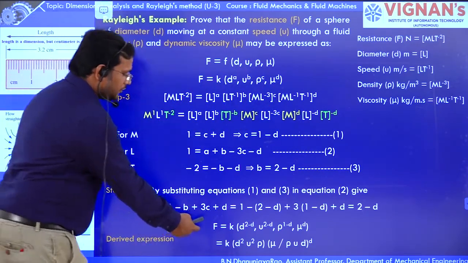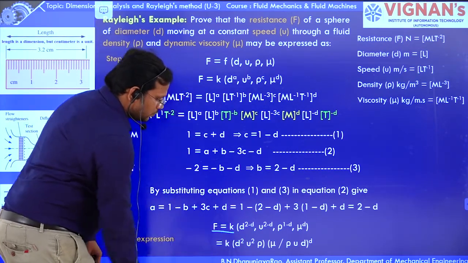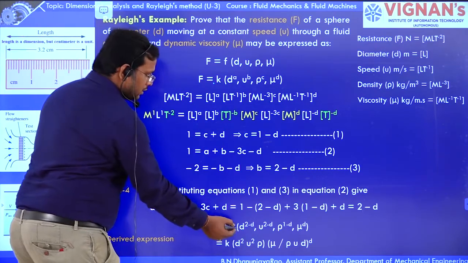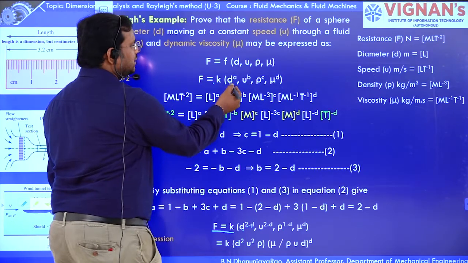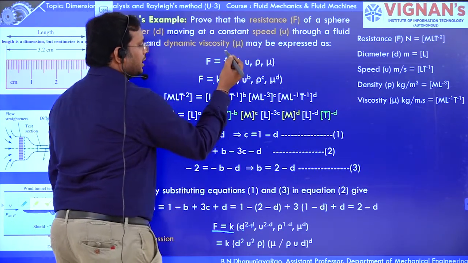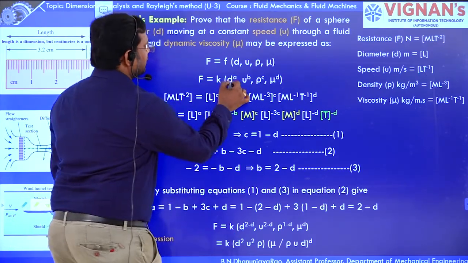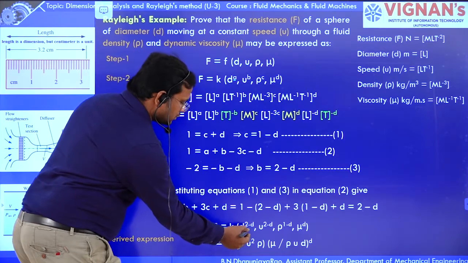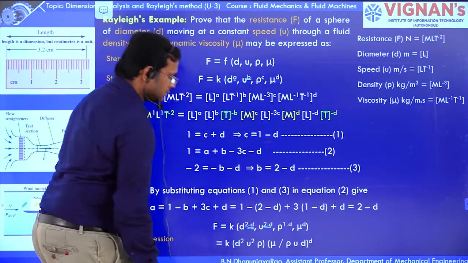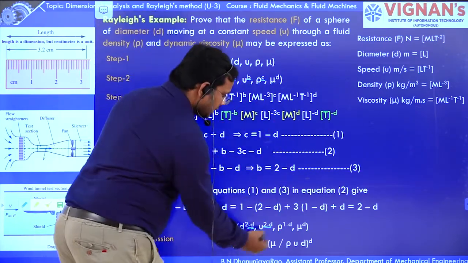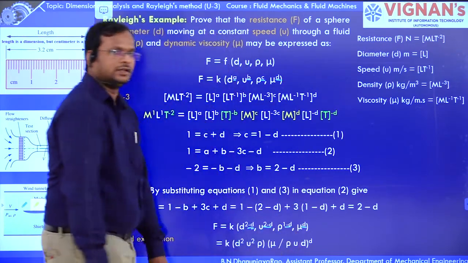So the final expression is F is equal to K of D power A, where D is the diameter and A is equal to 2 minus D; B is equal to 2 minus D; C is equal to 1 minus D; D is equal to D.